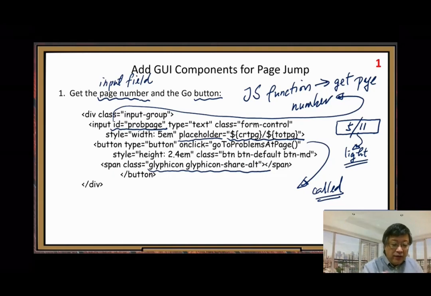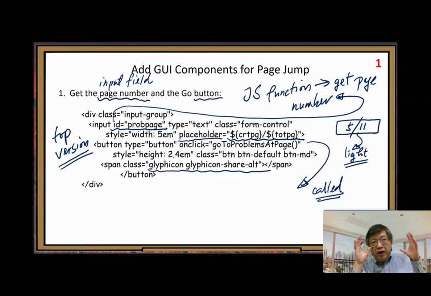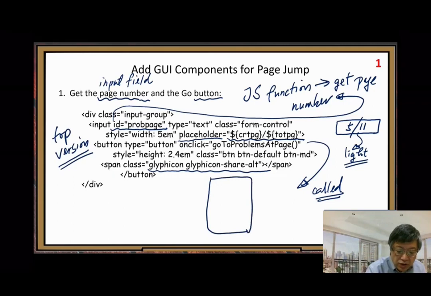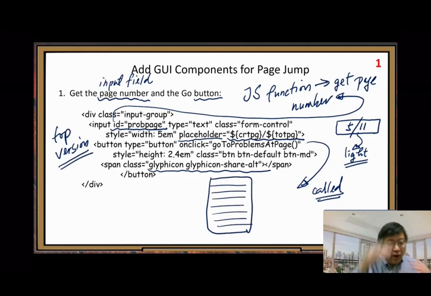But here, this is the top version. So why the top version, bottom version? Think about, we have one normal page. We display math questions in one full page, right? This page could be pretty long, scroll up, down, pretty long, right?